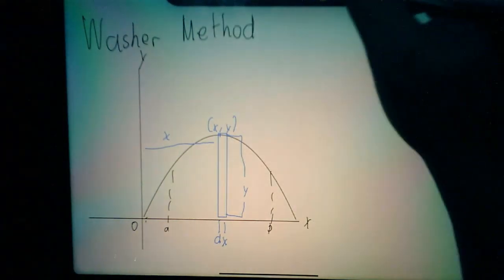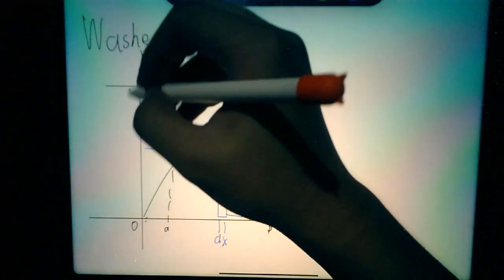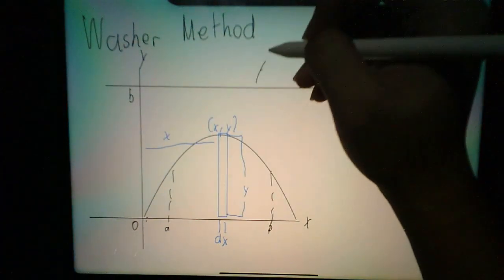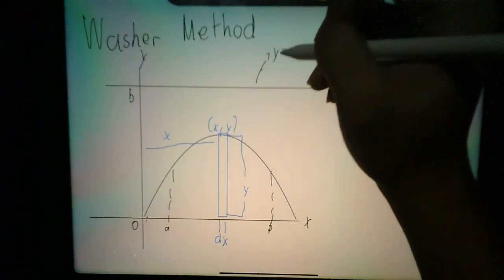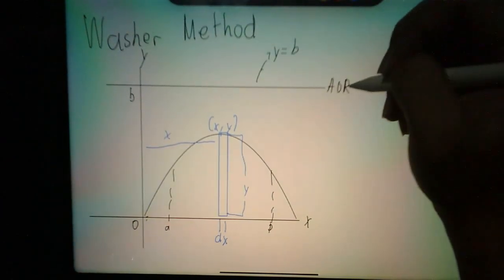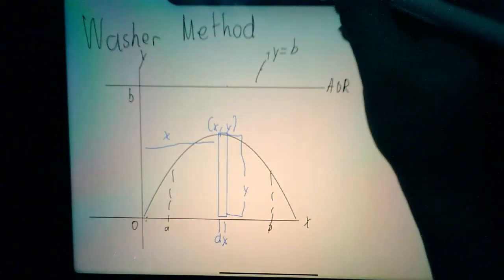Now what if we have a line here, and let's call this y equals to b, and this is our area of rotation. So first we need to put here a circle.